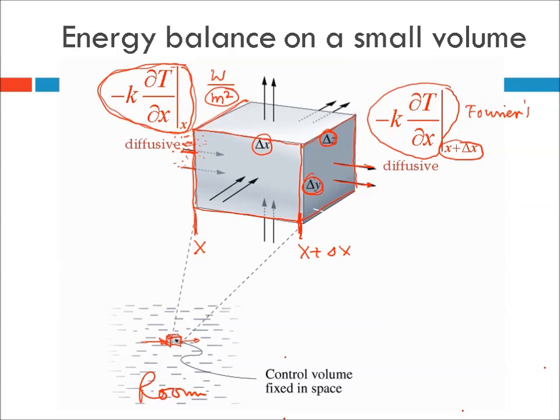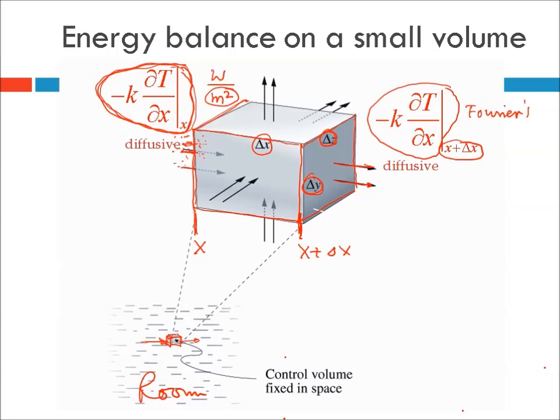So the warm molecules, when they collide into colder ones, are going to impart some energy. That is what is captured by this minus k del T del x. So that is the mode of conduction, or the mechanism of conduction.